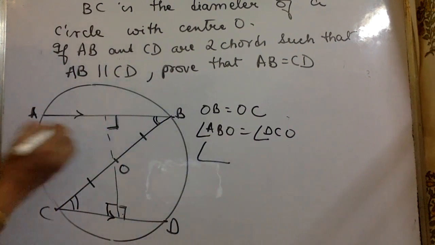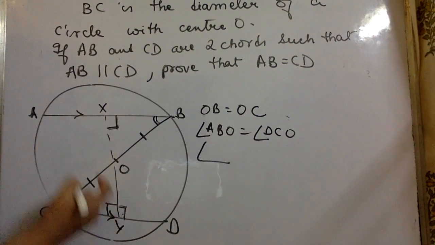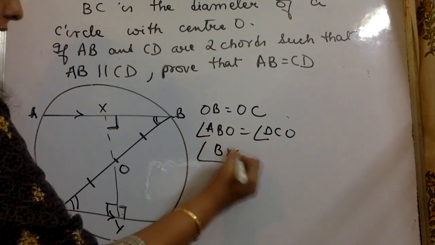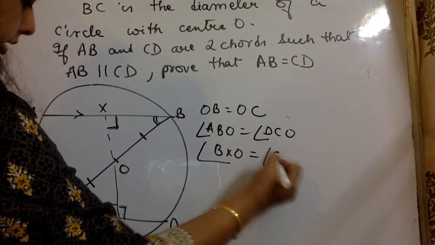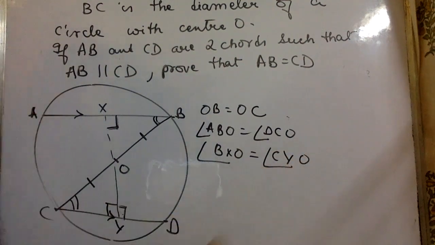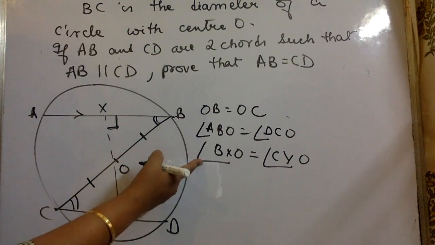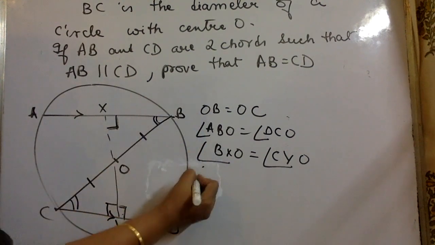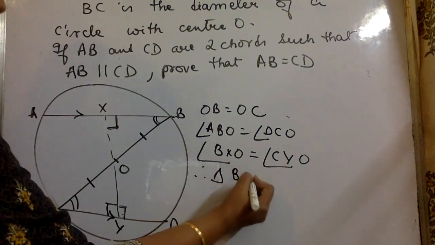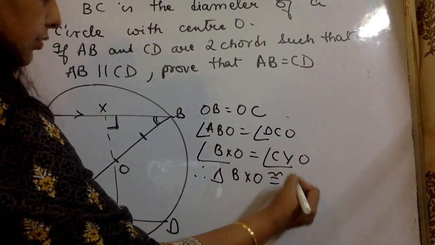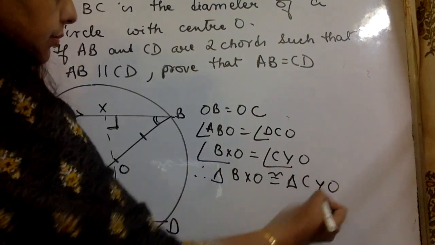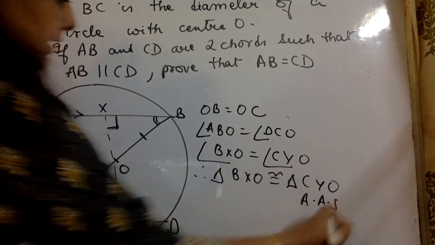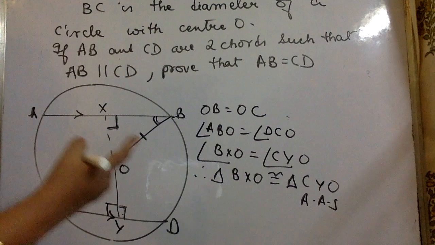Now let me name it as an X. Without naming, I am not being able to do it. Angle BXO, that is this 90 degree, is equal to angle CYO. Okay. So I have talked about the two angles, alternate angles given, and this is radius. Therefore, triangle BXO is congruent to triangle CYO. Okay, by what? By angle side property, by angle side postulate.